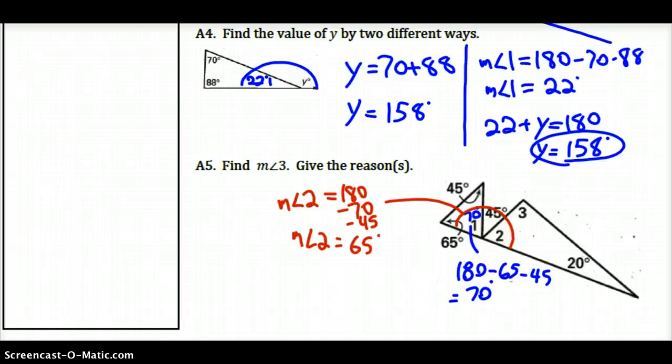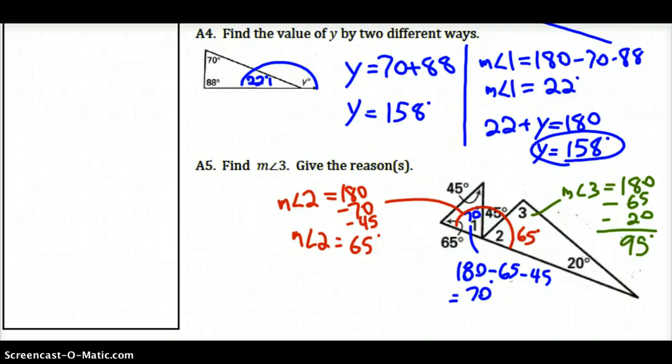So this is 65 degrees. And now finally, the measure of angle 3 equals 180 minus 65 minus 20. So that's 85 taken away, so this would be 95 degrees. So final answer, the measure of angle 3 equals 95 degrees. This concludes our notes and practice for section 4.1.